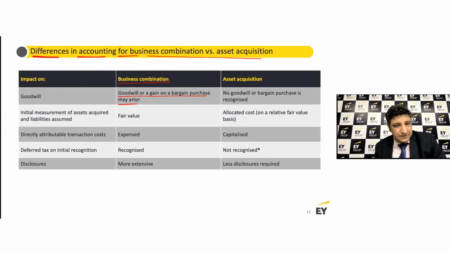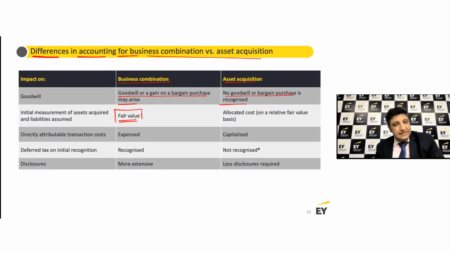There is a bargain purchase that comes into existence, right? Under an asset acquisition, there is no such thing called goodwill. What you pay towards an asset becomes the cost of that asset. Remember Ind AS 16, purchase price, that's the cost, right? Also, importantly, we'll be discussing that at length.